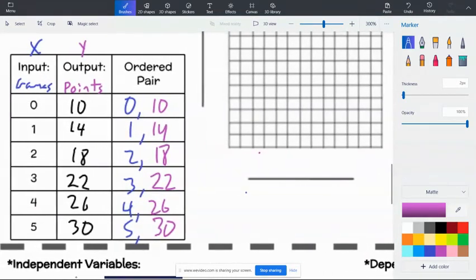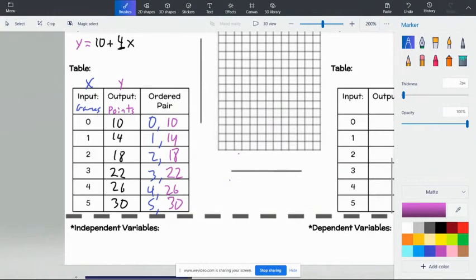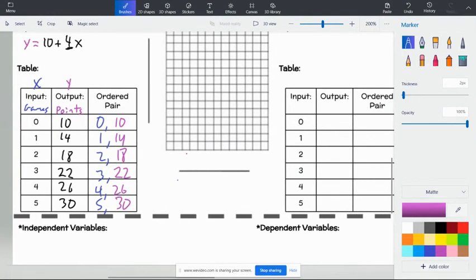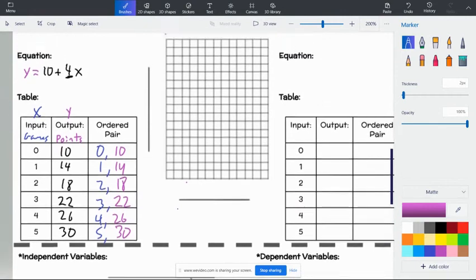All right, so you've taken your inputs and outputs and put them into ordered pairs.